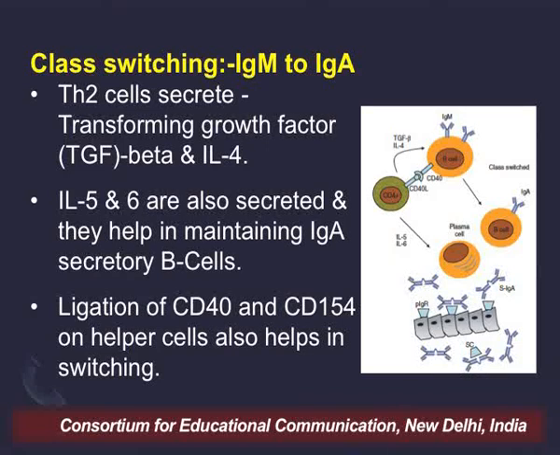Now these helper T cells or CD4 cells secrete transforming growth factor beta, which is TGF beta, and interleukin 4.